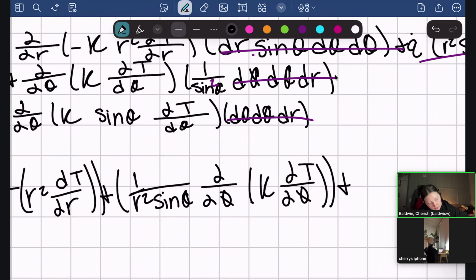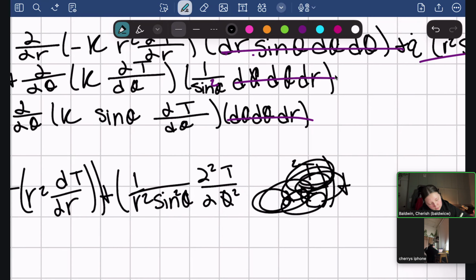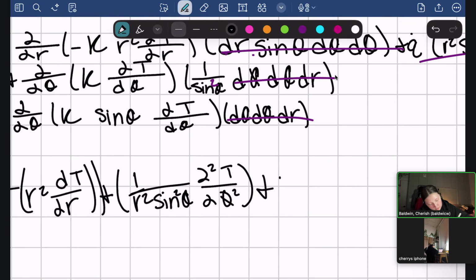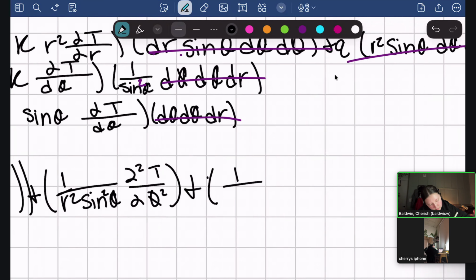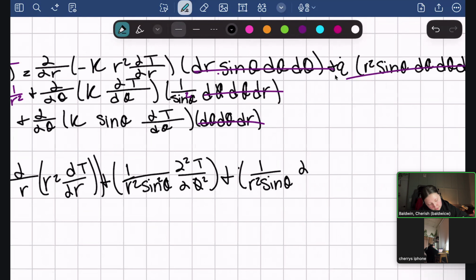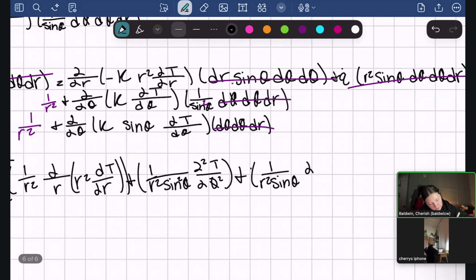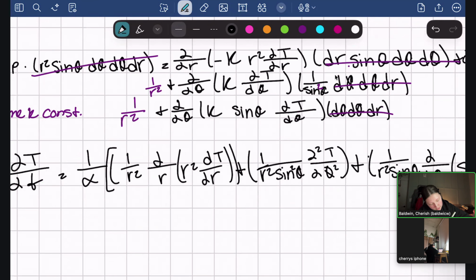Plus sine theta plus Q over rho Cp. Oh, excuse me.